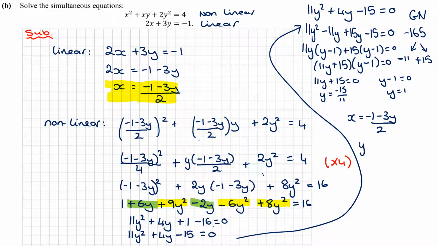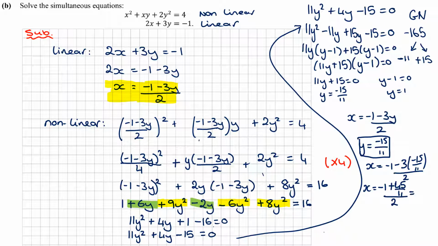So let's first of all work where y is equal to minus 15 over 11. So x is equal to minus 1 minus 3 bracket minus 15 over 11, all over 2. So x is equal to minus 1, and this becomes plus 45 over 11, all over 2.